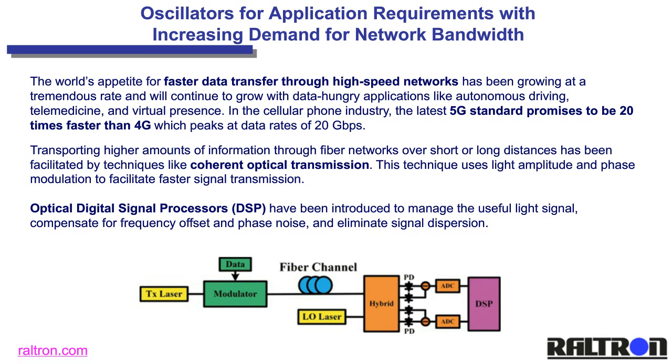Okay. So everybody knows that over the last 10, 15 years, and this is accelerating, there is an exponential increase in the demand of data that is transferred through the telecom networks. So this has to happen at higher and faster speeds.